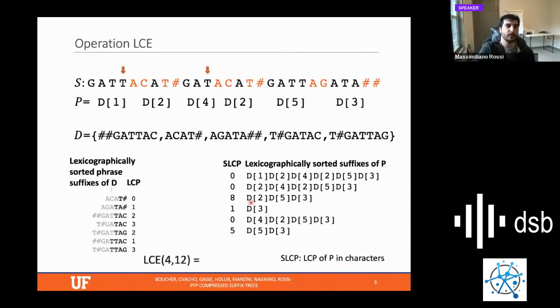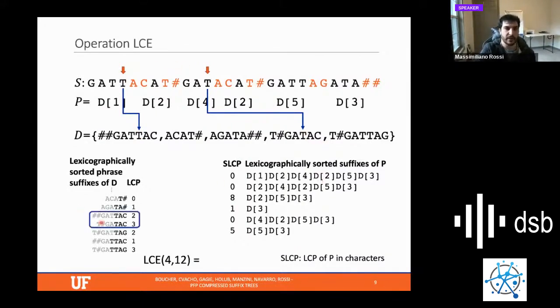Now, let's say that we want to compute the longest common extension between those two positions in the text. What we do, we first use the parse to find the occurrence of this character in the corresponding phrase in the dictionary. And the same for this position.